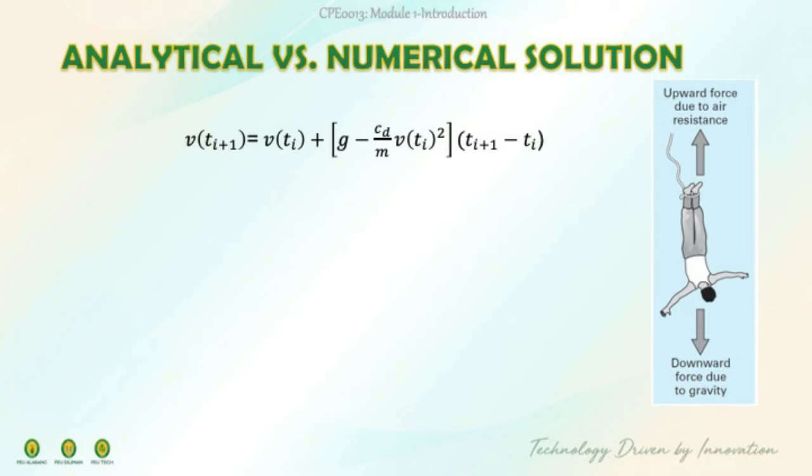So let's compute the velocity with Euler's method. Let's employ a step size of 2 seconds for the calculation.